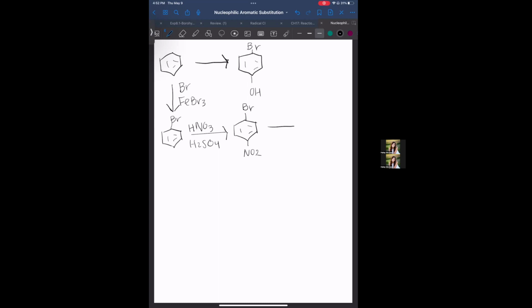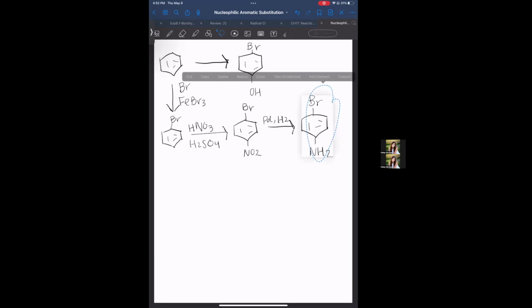And then remember, we can turn our NO2 into NH2 with Pd, H2. So now we have bromine and an NH2. And this sets us up to do our Sandmeyer reaction.